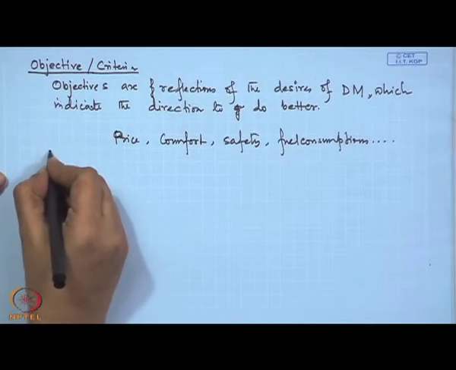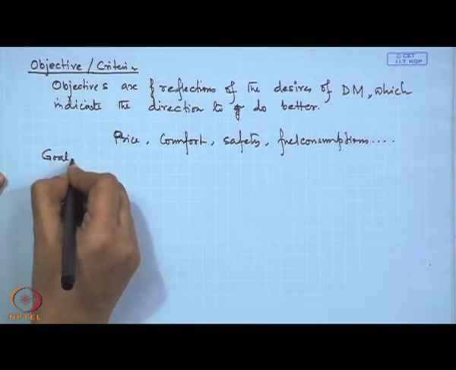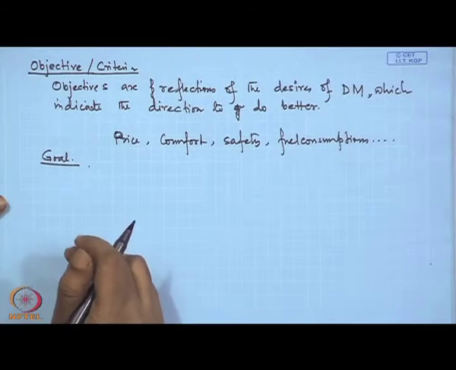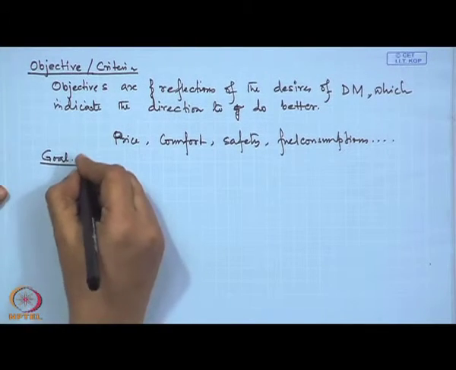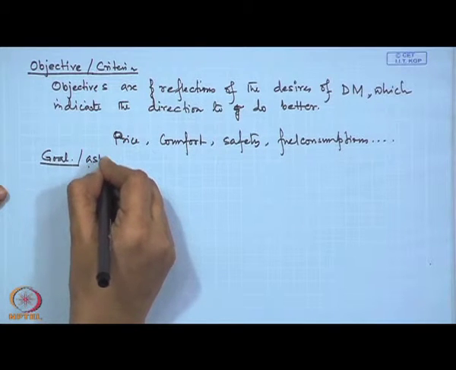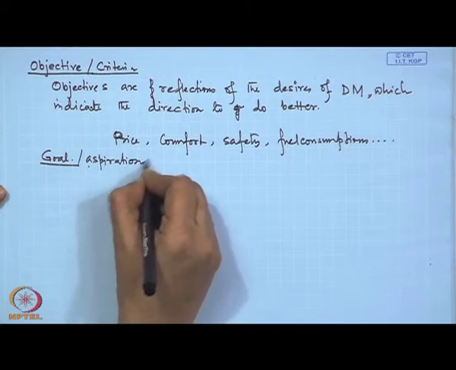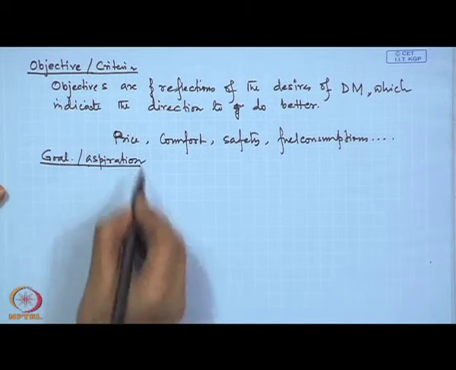And once we are fixing our objective in the decision making problem, the next question comes, what is our target? Generally the target is named in multi-criteria decision making with the term goal, and it is also named aspiration. These are the terminologies we are using in multi-criteria decision making problems.